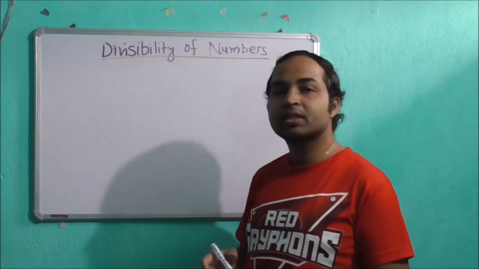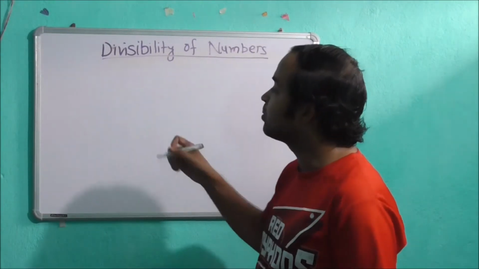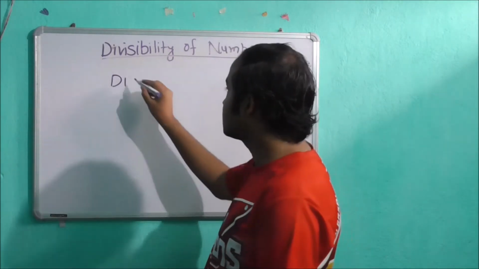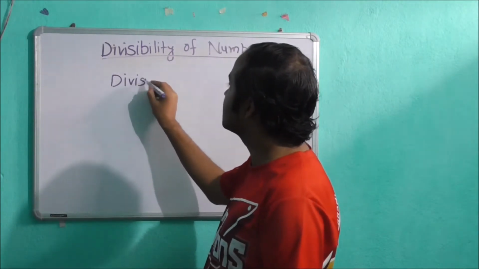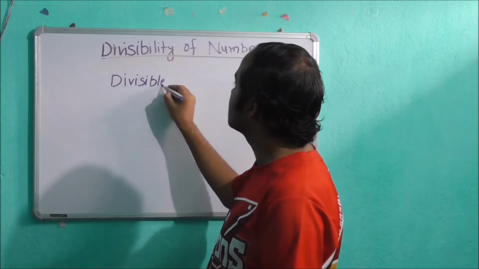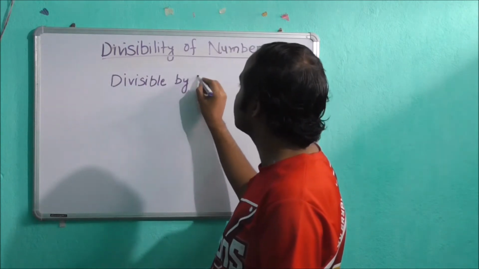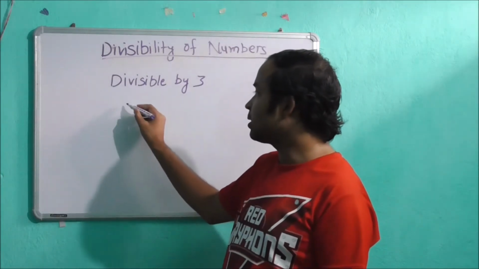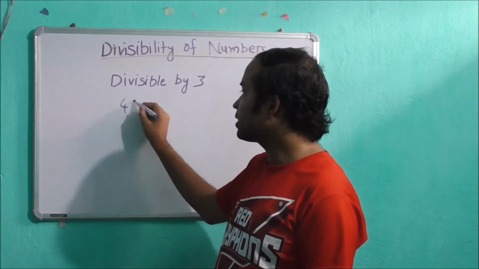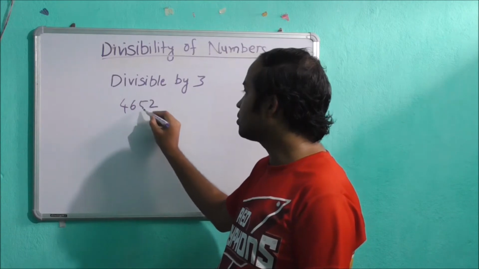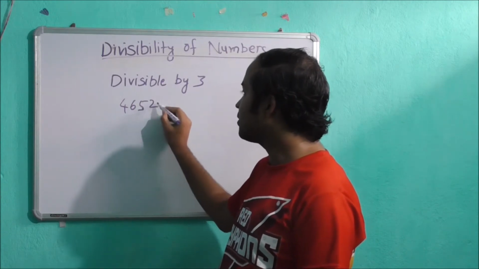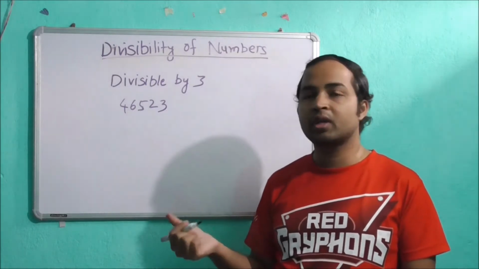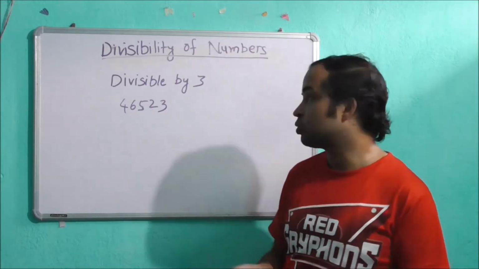Now we will see whether a certain number is divisible by 3 or not. If I'm writing 46523, we cannot apply what we applied in case of 2.